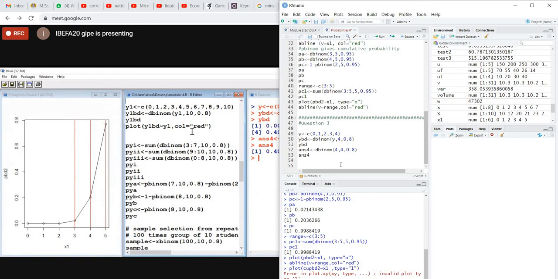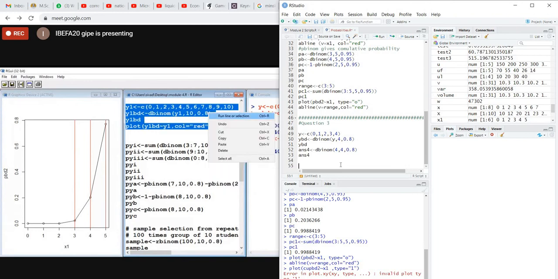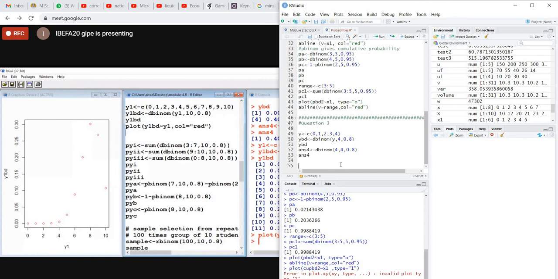So the binomial probability distribution is given. And my vertical line will be Y1.